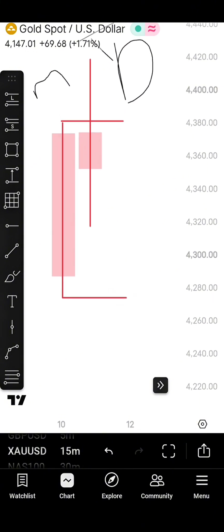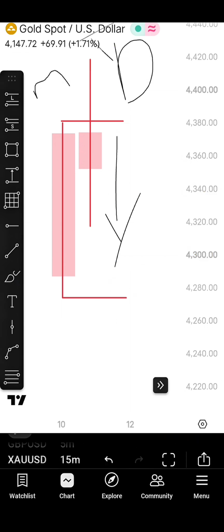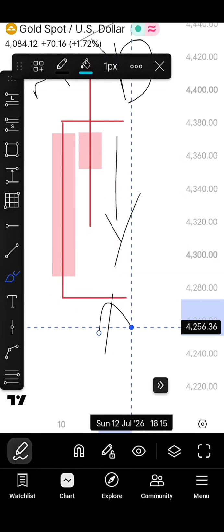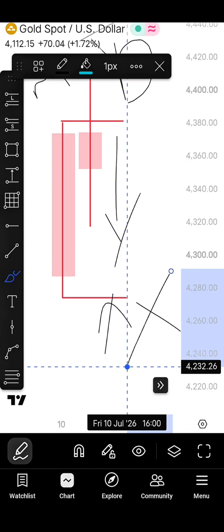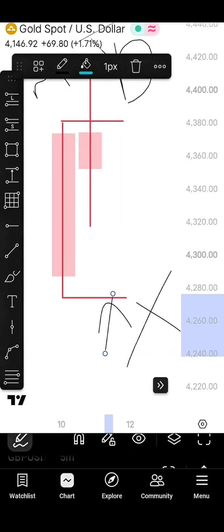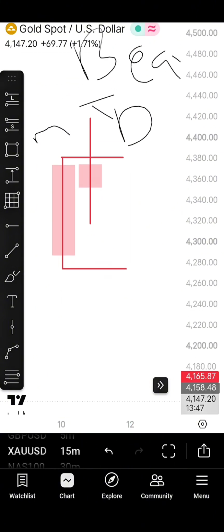So you have to take your bias bearish on that day. You have to play all the bearish CRTs on that day, but will you play till this area? No, you will not take the bearish CRTs till this area. Why? Because the market often plays the whole CRT and gets to the 50%.